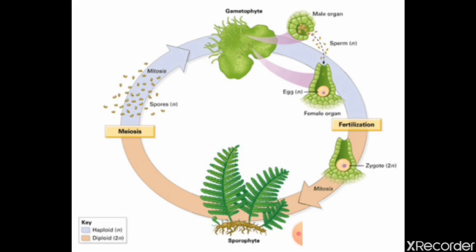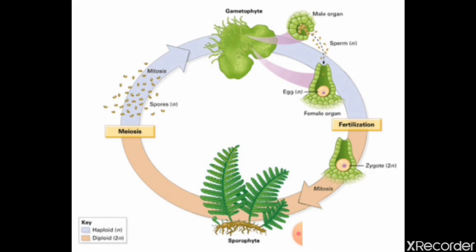Now the zygote is a diploid structure, and it further develops into a multicellular, well differentiated sporophyte. The development of this sporophyte from the zygote takes place by mitotic division, and sporophyte is a diploid structure which is very well differentiated into root, stem and leaves, as you can see in the diagram.